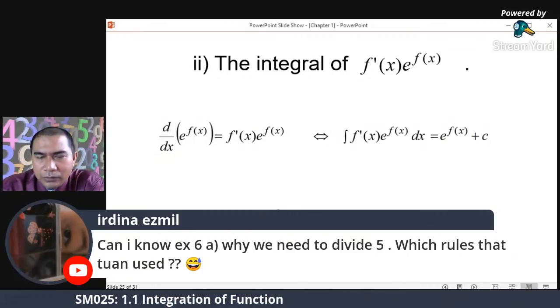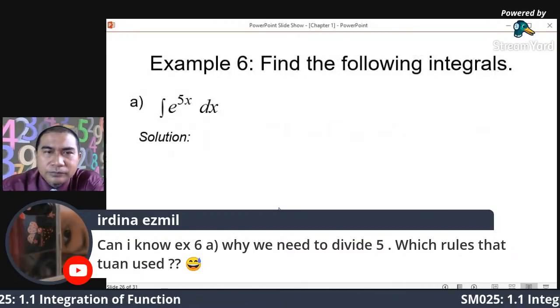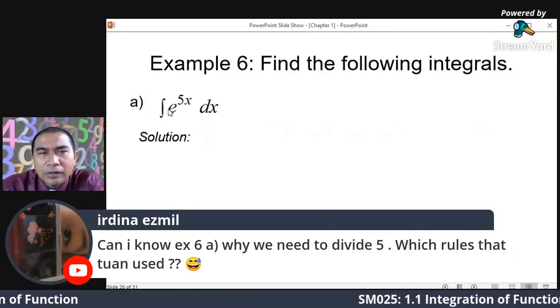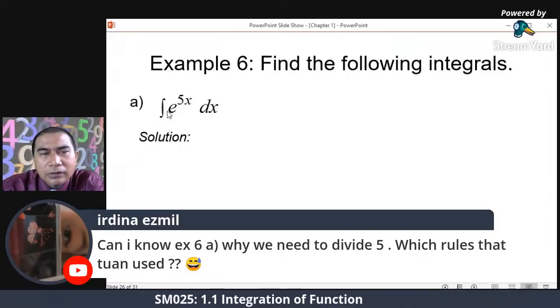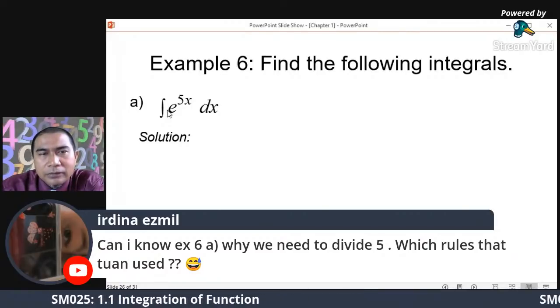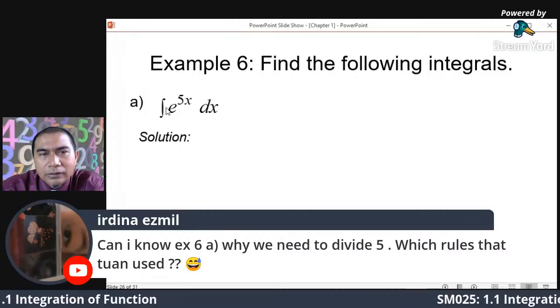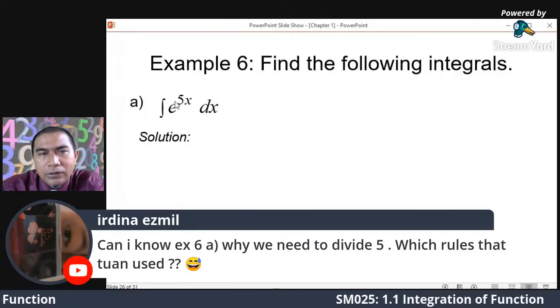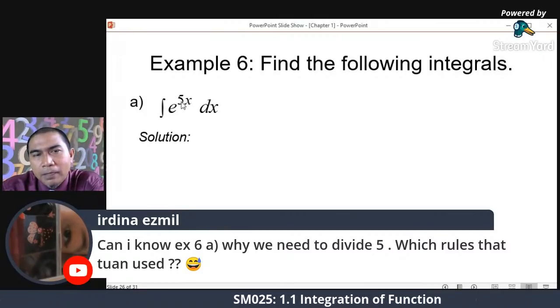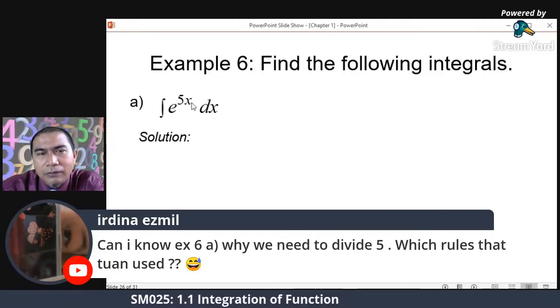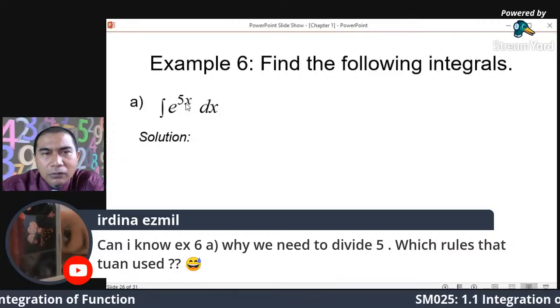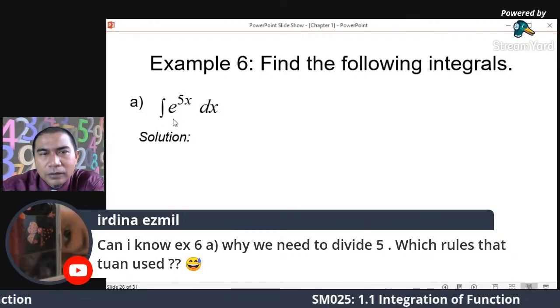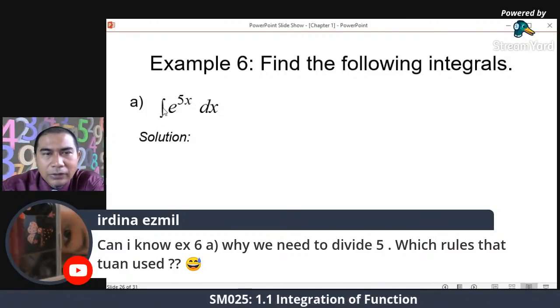If we look at the question, if you want to make it the same as the form f prime x times e power of fx, that means we have to differentiate fx first. When we differentiate it, we get 5. The number 5 does not exist in the question.